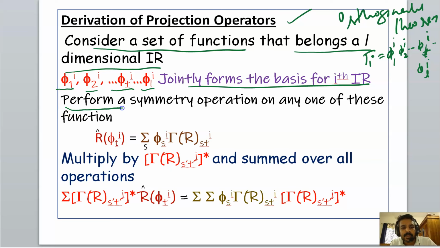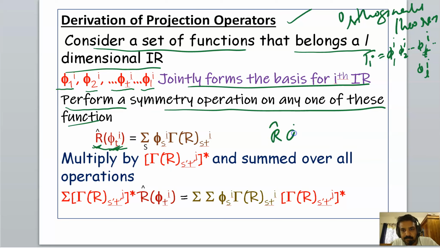We are going to perform a symmetry operation on any one of these functions, that is R phi_ti. R is a symmetry operation of this group, any one of the operators of this group, acting on any one of the functions phi_ti. If the representation is one dimensional, we get plus or minus 1 times phi_ti.